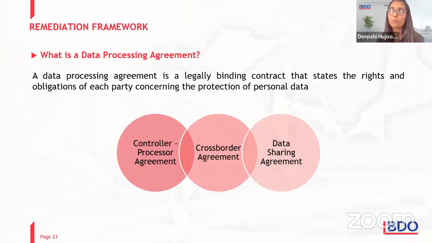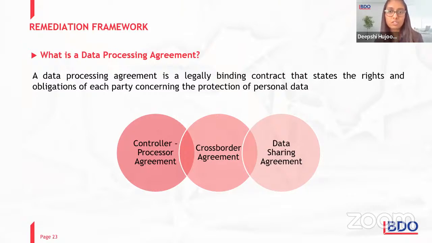This can be in the form of standard templates, which we usually do, standard controller processor templates, and then in the appendix, you can modify and customize it for your different types of processors, cross-border processors, or third parties.